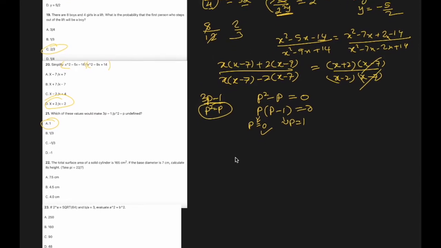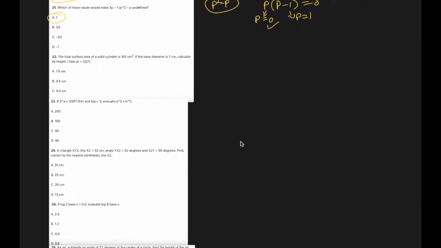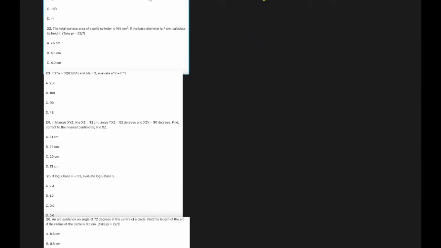The total surface area of a solid cylinder is 165 centimeters square. The base diameter is 7, that means the radius is 3.5. Calculate its height.